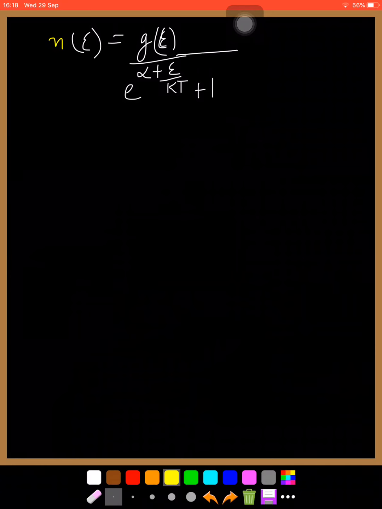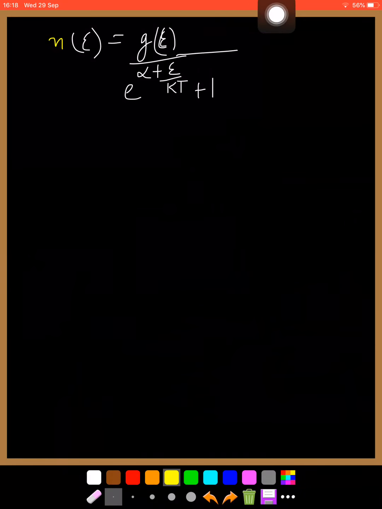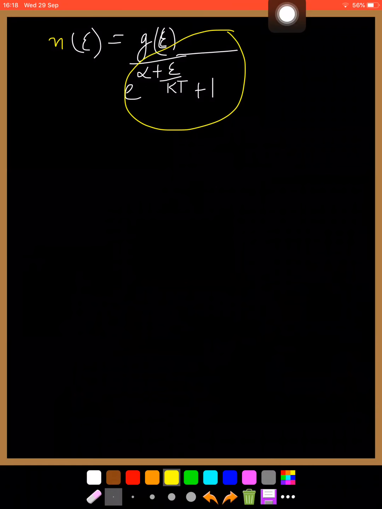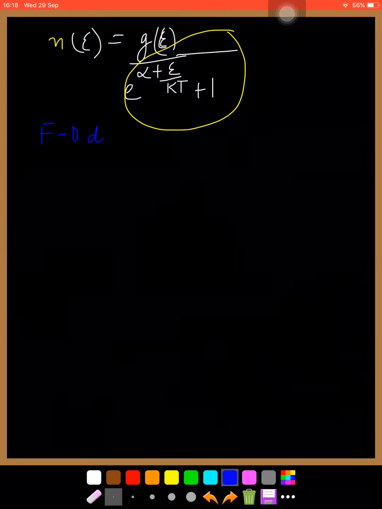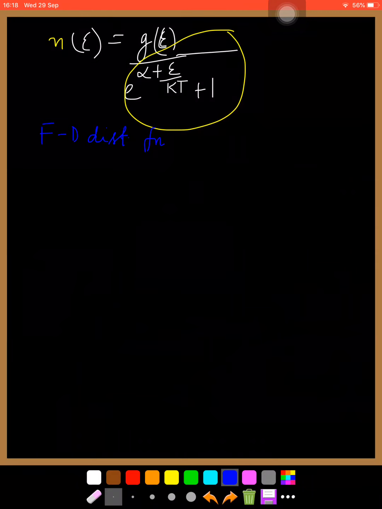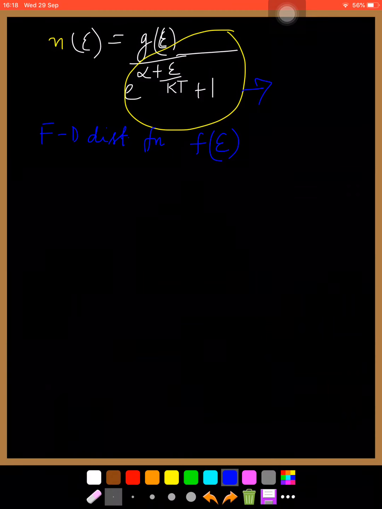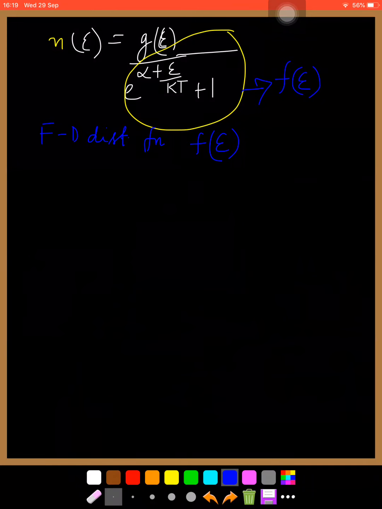And this term is the Fermi Dirac distribution function, denoted by Fe.